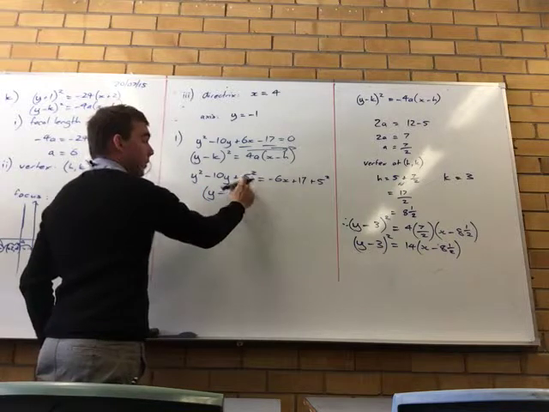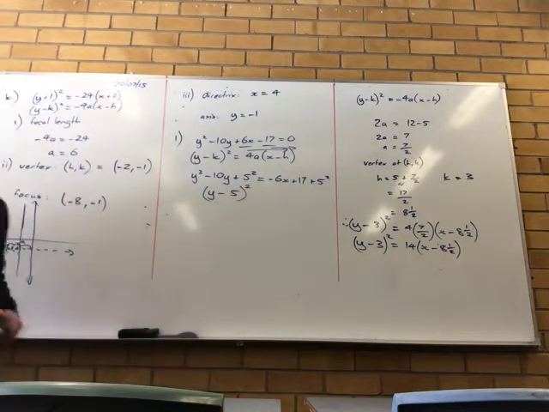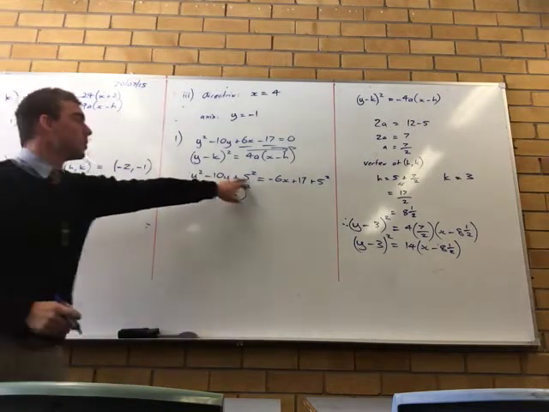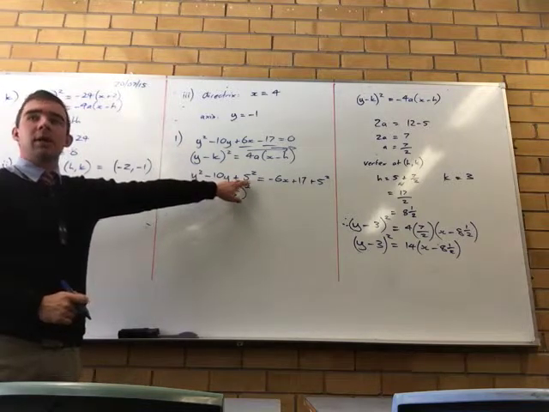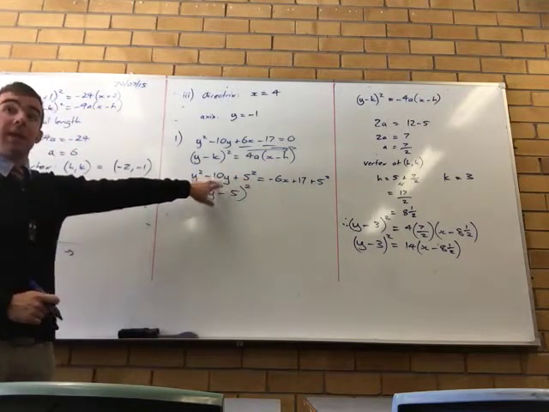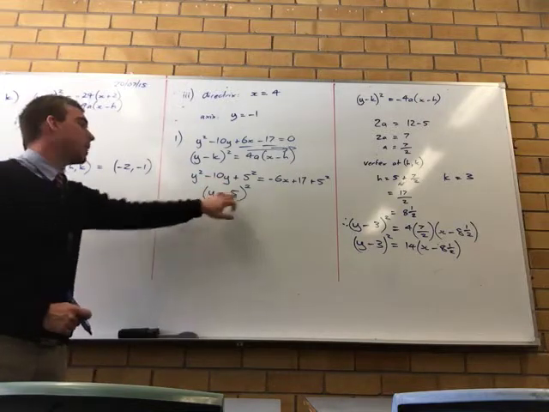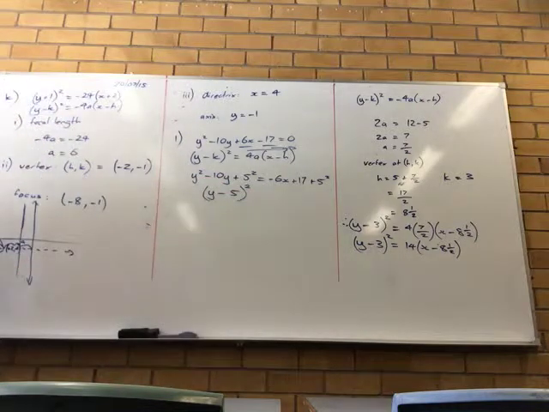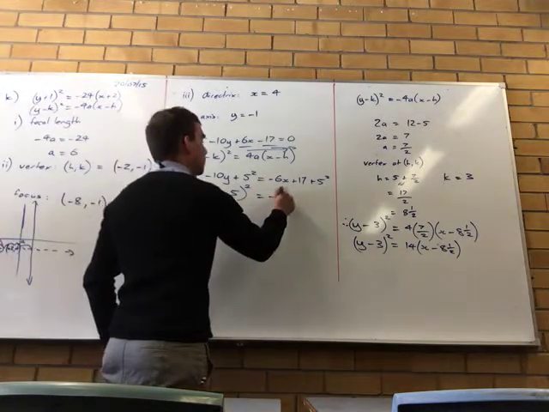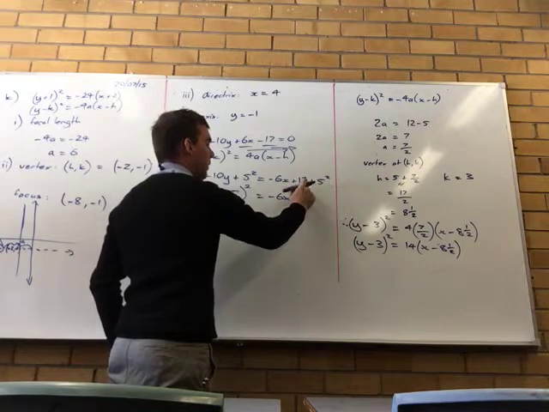So I write that without the square, add to factor, because you need two numbers multiplied to give positive 25, and the same two numbers add to give negative 10. So negative 5, negative 5. When we have the same number, we factor it again, and it becomes a square. Equals minus 6x, so we've got 25 plus 17.